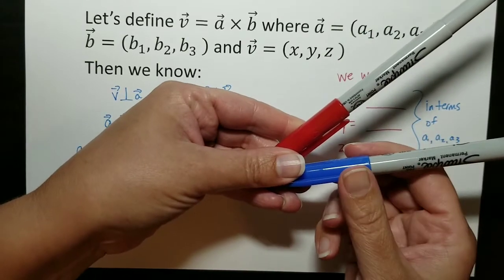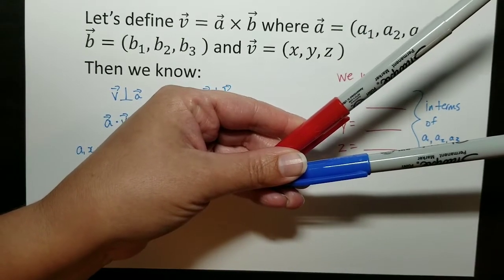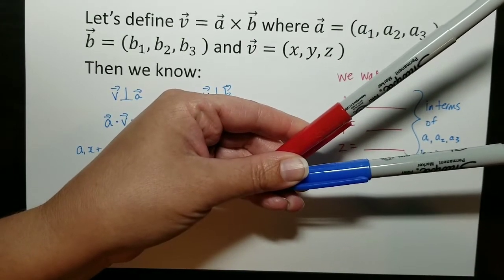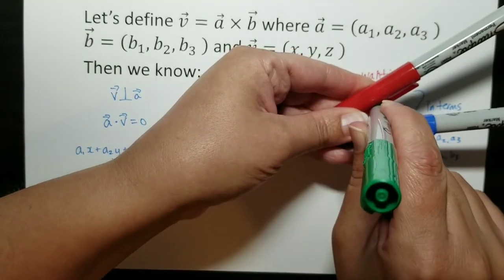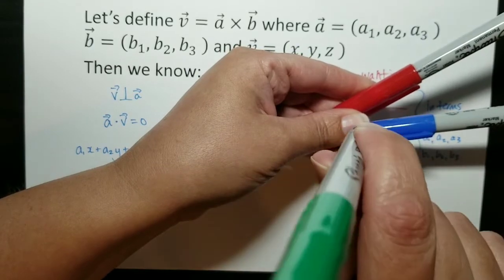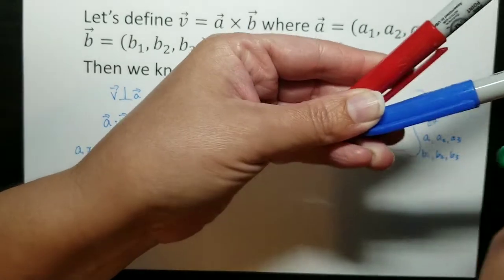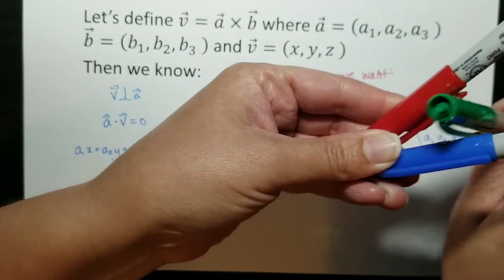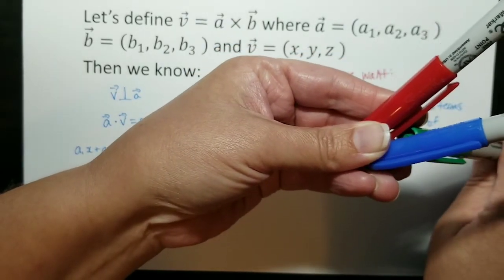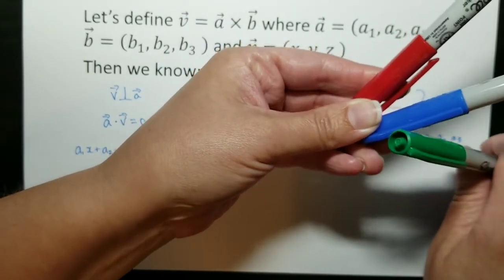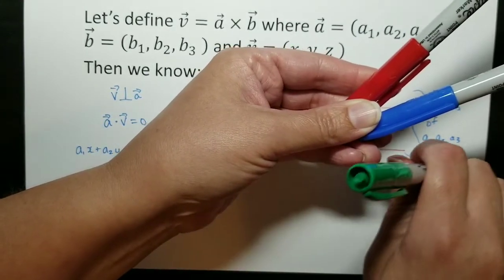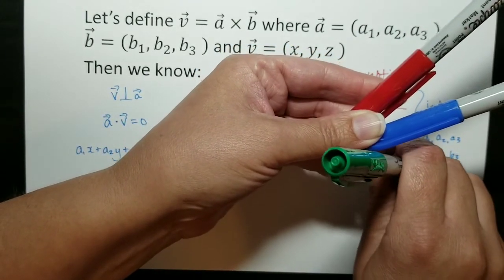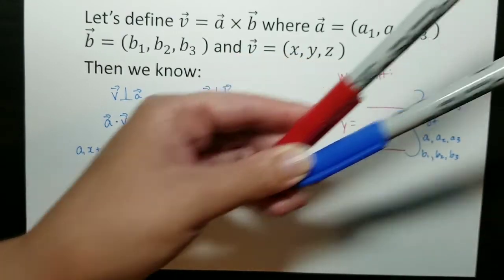If I have those 2 vectors and I want to find a third vector that's perpendicular to them, I maybe could put that vector, but it also could be a vector twice as long, or a very short vector, or a vector going in the other direction. But any vector that's perpendicular to both of these 2 would be a scalar multiple in some direction of this green pen vector.